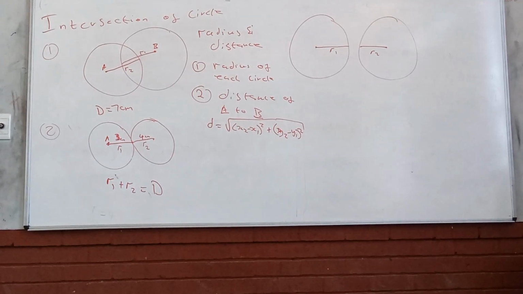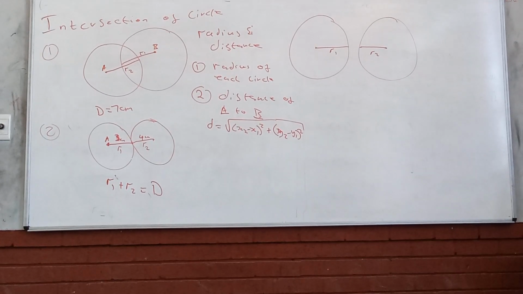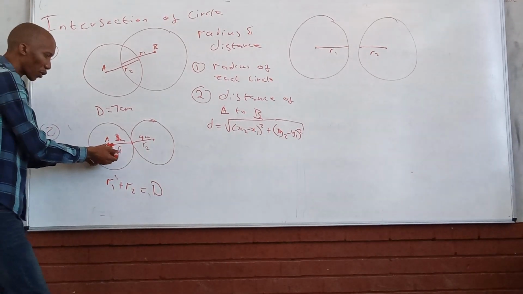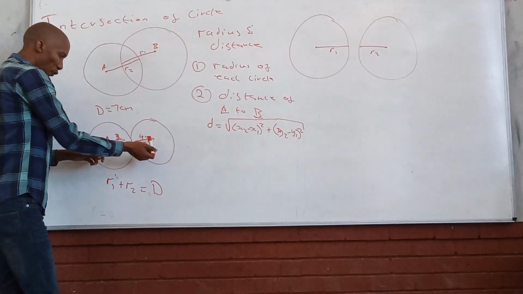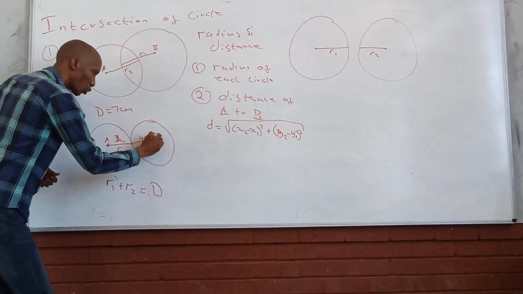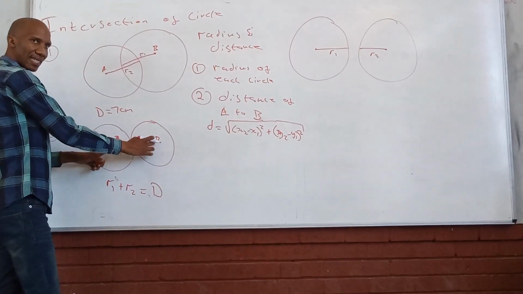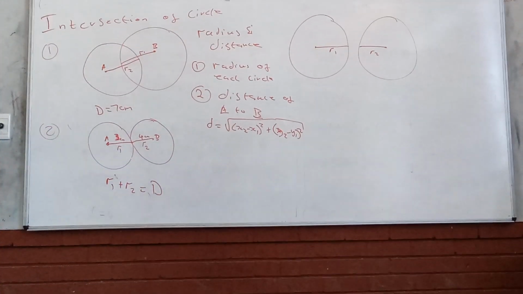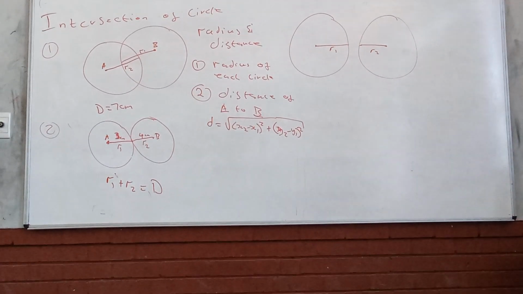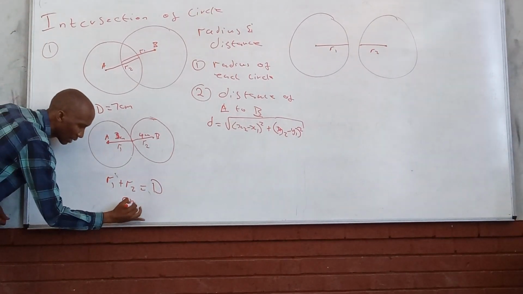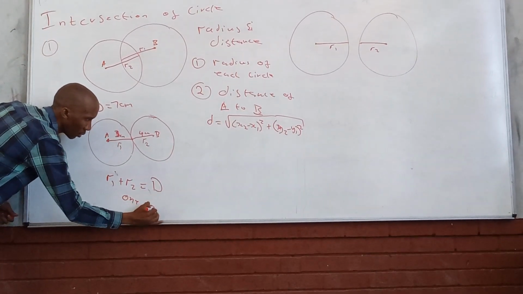The sum of the radii is equal to the distance. The sum of the radii is the distance. 3 plus 4, from A to B, is 7. When you compare the radii with the distance, it means my two circles intersect at 1 point.